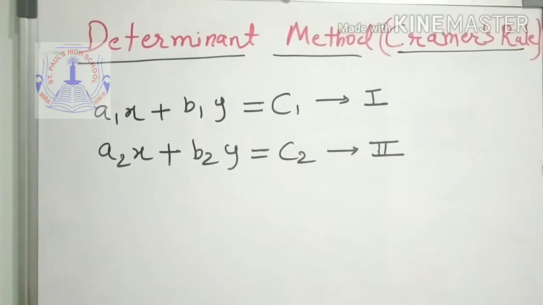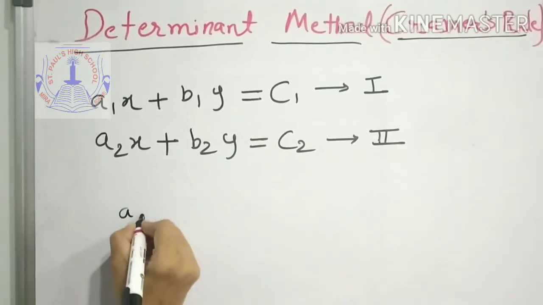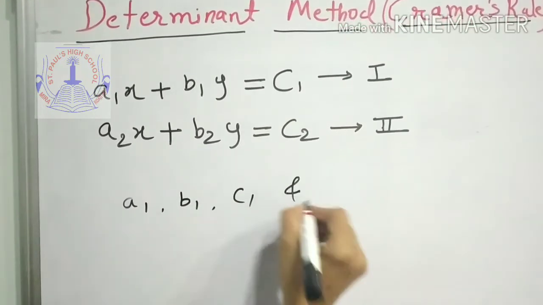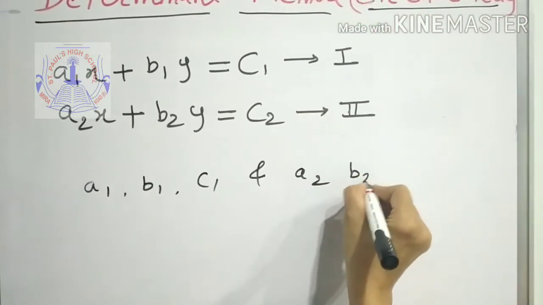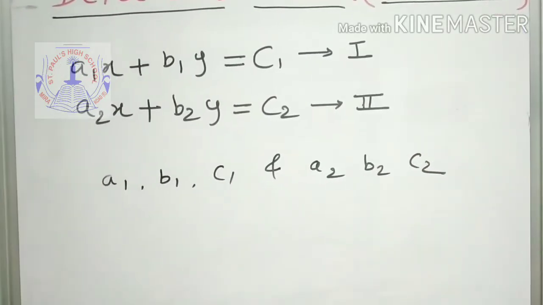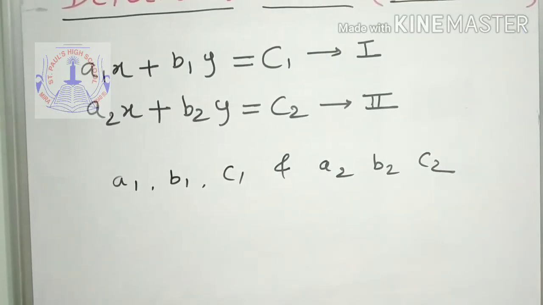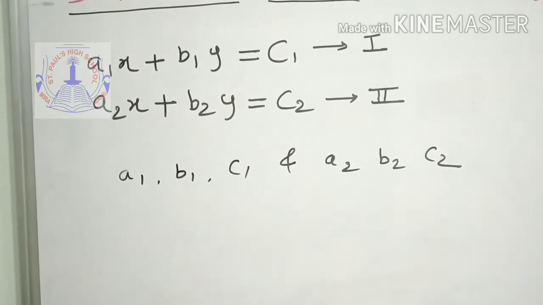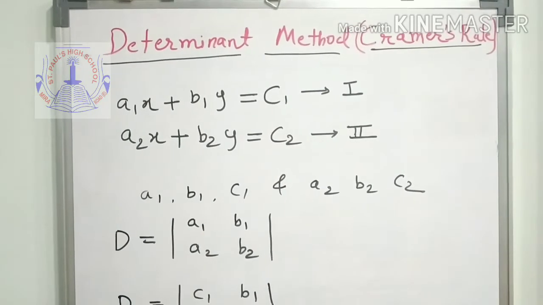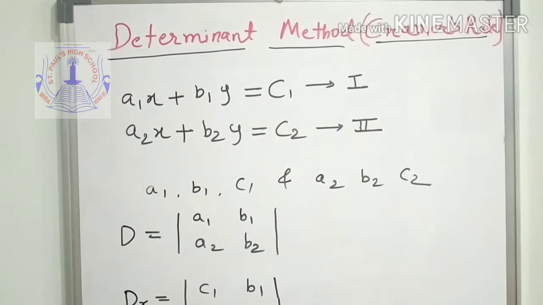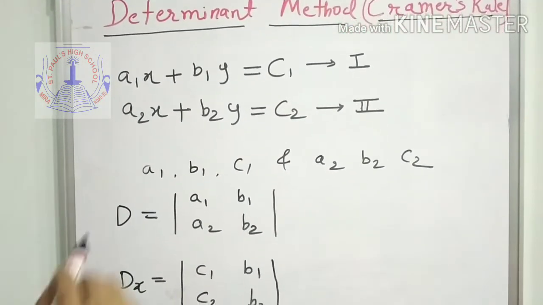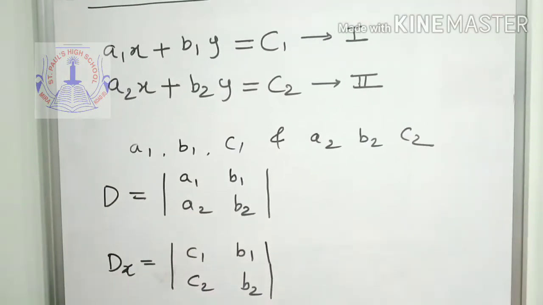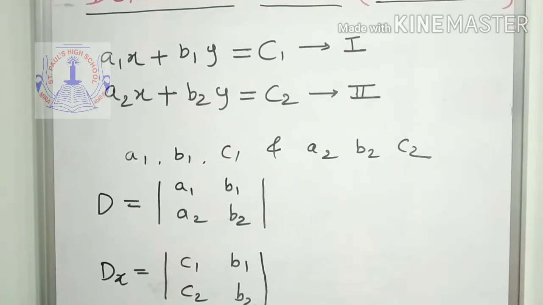Now in these two equations, a1, b1, c1 and a2, b2, c2 are coefficients which are real numbers, and x and y are variables.